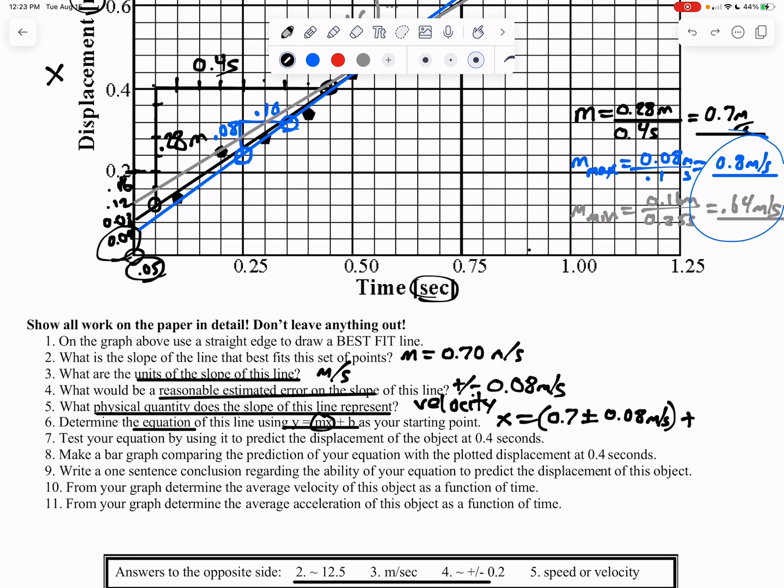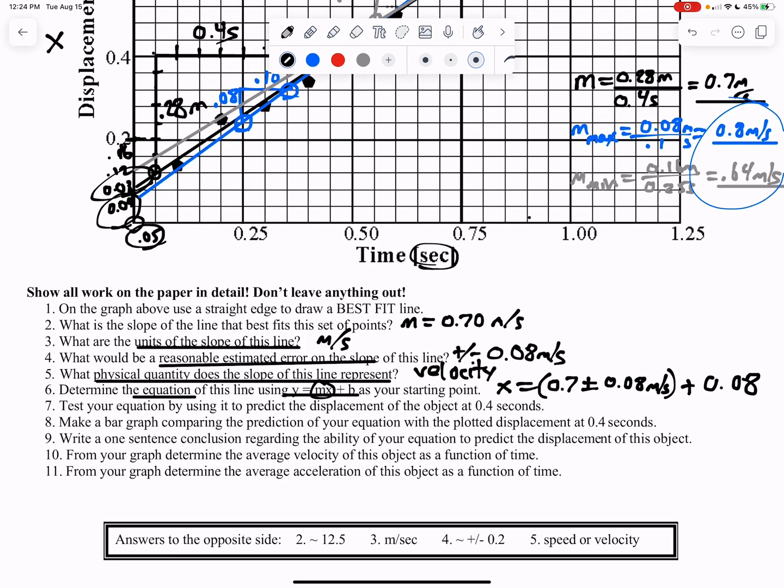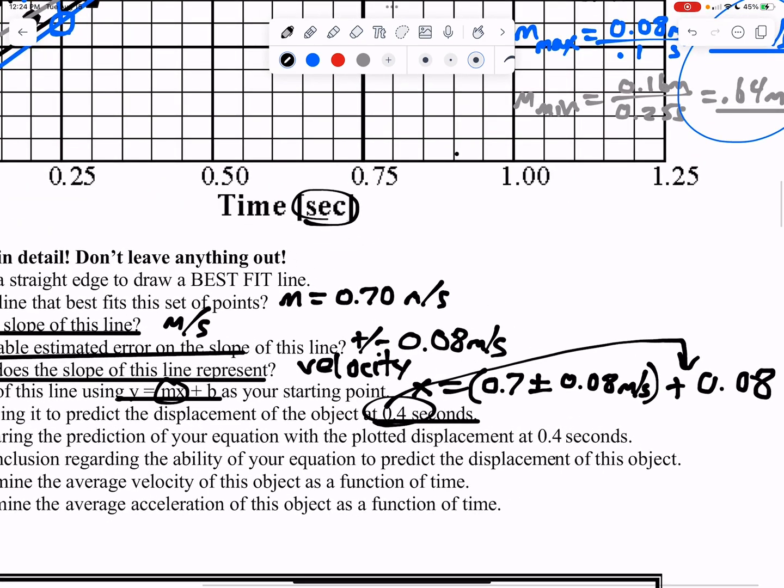So what's the approximate y-intercept of my best fit line? You can see it's running right into almost 0.08. Now test your equation by using it to predict the displacement of the object at 0.4 seconds. So you're just going to take 0.4 and plug it in. Oh, I forgot the t. So it's velocity times time plus 0.08.